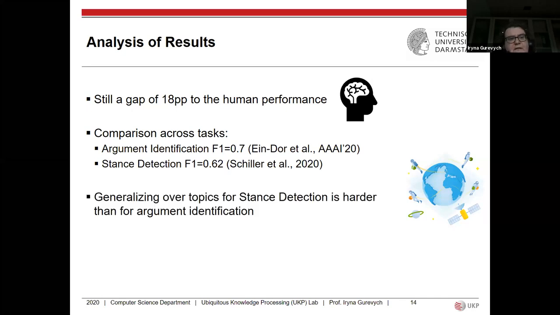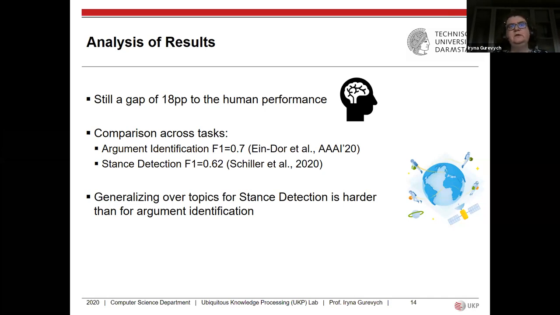And what we observe is similar to what has been found in the field of sentiment analysis. In particular, generalizing over topics for stance detection is harder than for argument identification because the lexical cues which are relevant for stance detection tend to be ambiguous depending on the context of the topic where they are used.